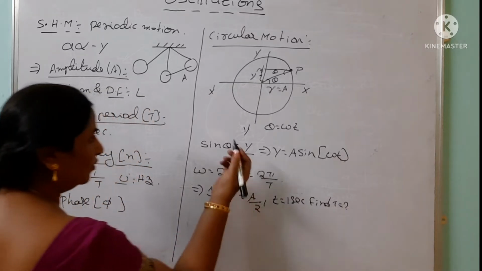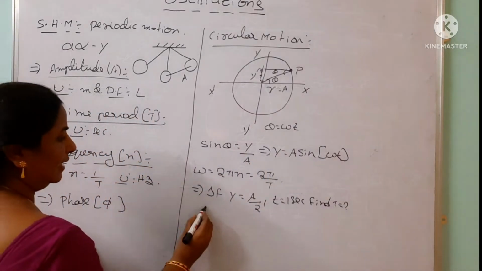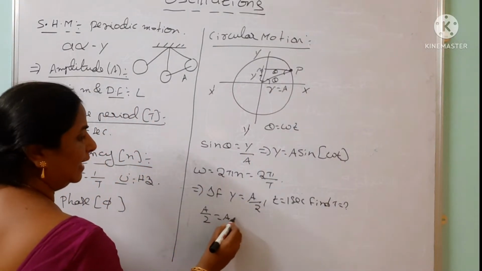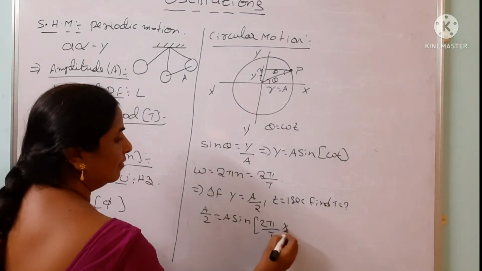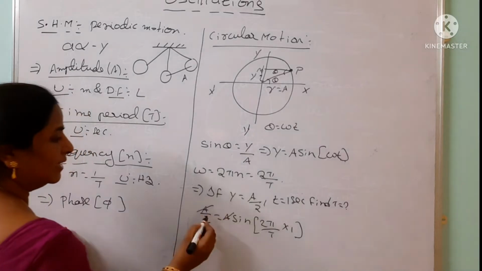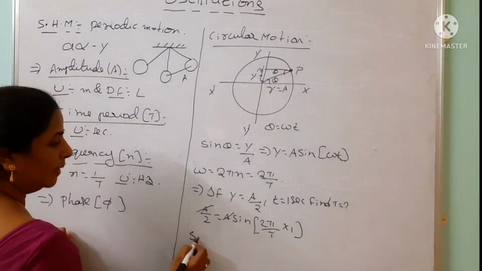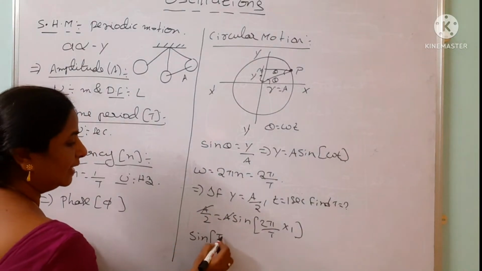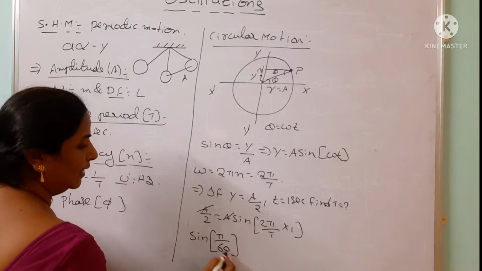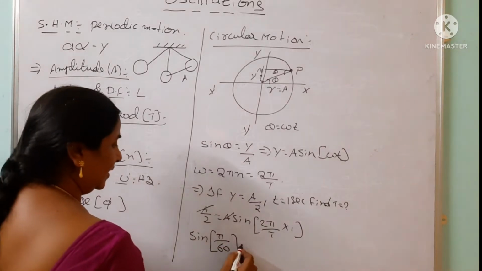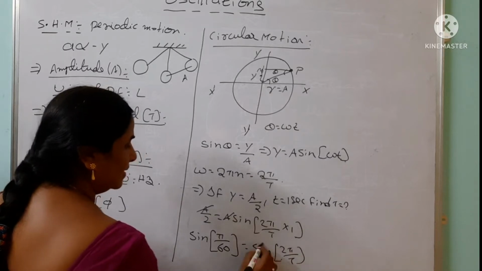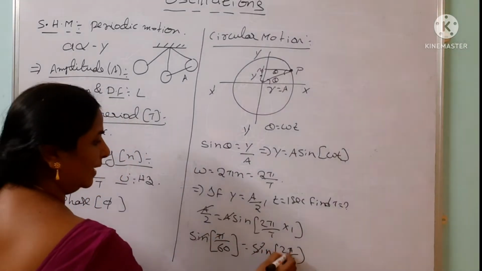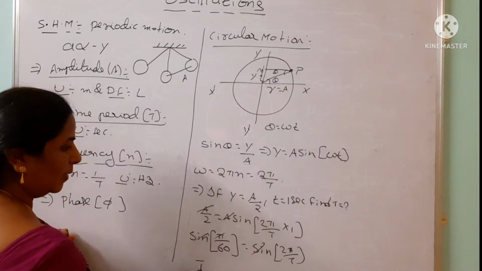Instead of y we take a by 2 equals a into sine omega t, where omega is 2 pi by T and t is 1 second. After simplification, 1 by 2 equals sine 30 degrees. Sine 30 we also write as pi by 6, since 180 by 6 is 30. Then sine of 2 pi by T. Sine cancels, after that pi cancels. So T equals how much?